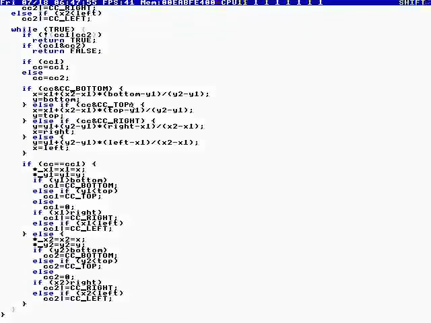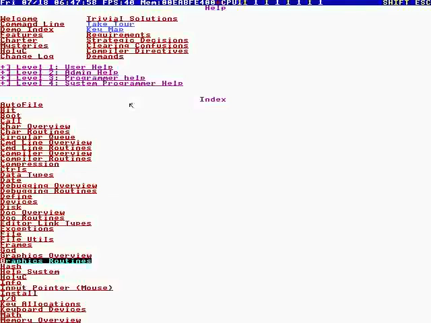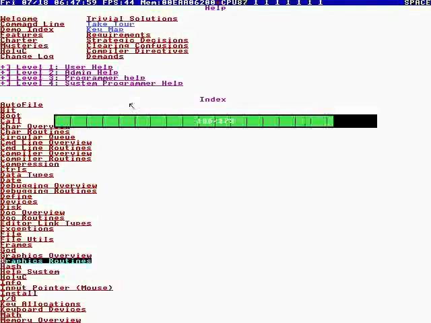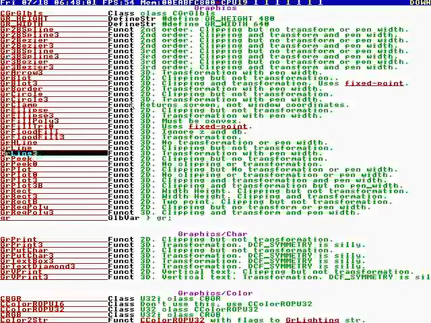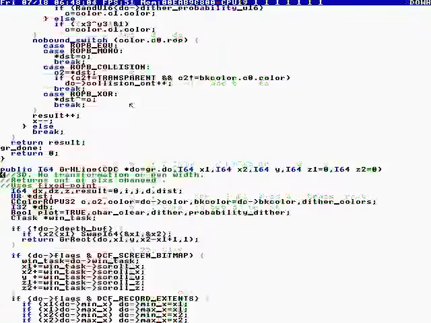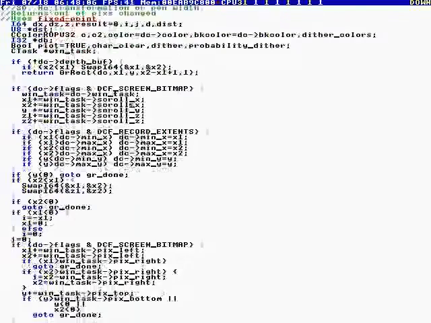Line clipping, clip a line segment. So you've got H line. This draws a horizontal line.